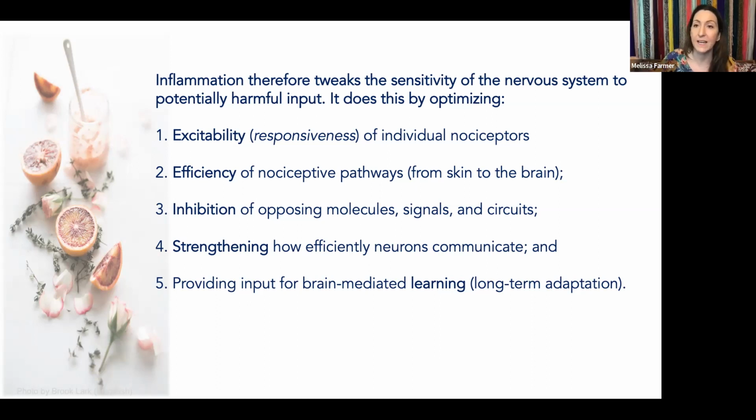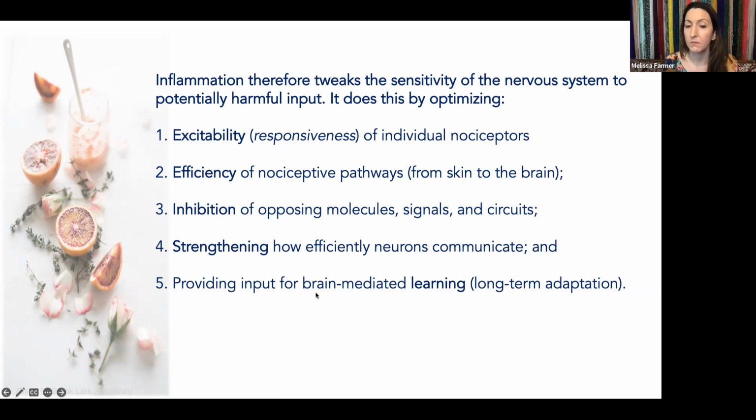It quiets down things that would normally inhibit the strength of those pathways or those circuits, and it strengthens how efficient those circuits are. And all of this is then input that the brain takes in as information about the environment. Now, what's interesting about this is that this is all input.